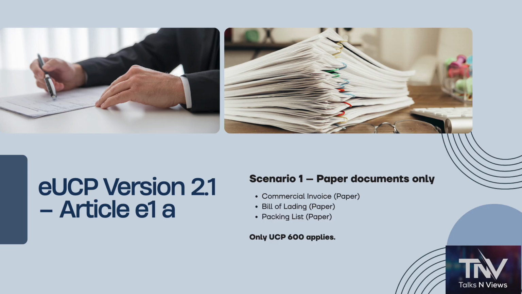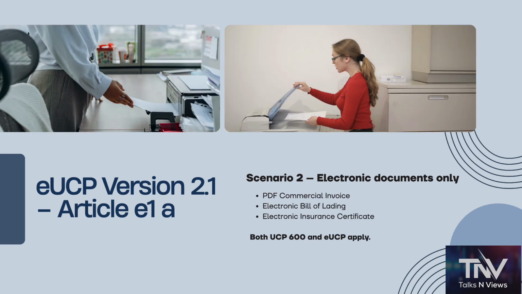There are three possibilities. Scenario 1, paper documents only. Commercial invoice, paper. Bill of lading, paper. Packing list, paper. Only UCP 600 applies. Scenario 2, electronic documents only. PDF commercial invoice. Electronic bill of lading. Electronic insurance certificate.